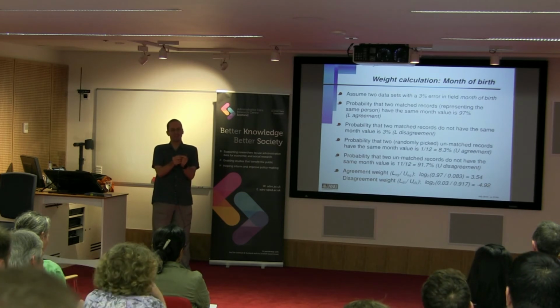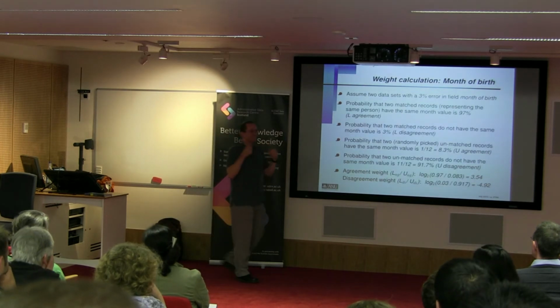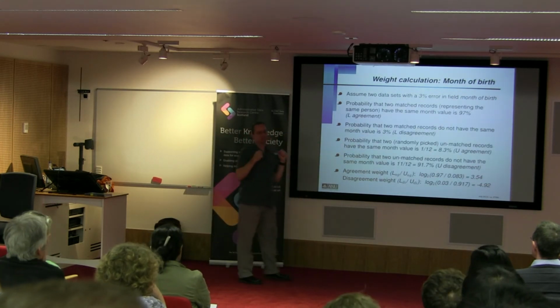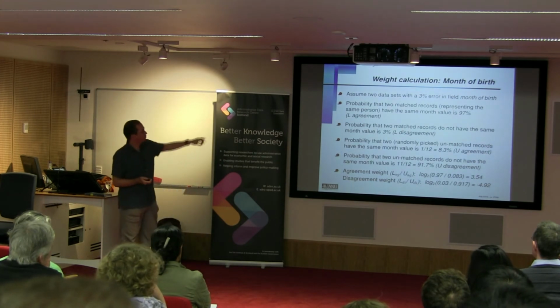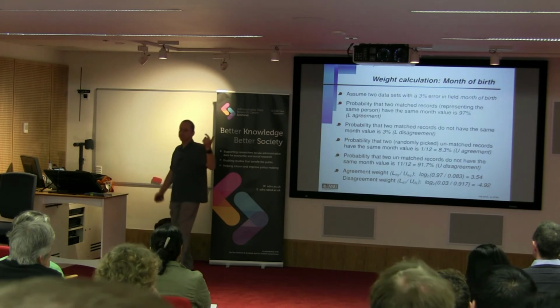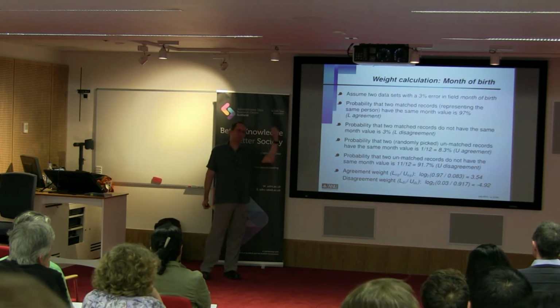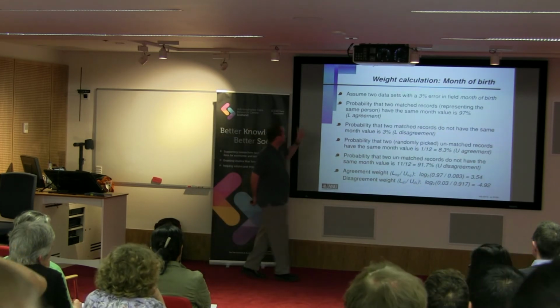Everybody agrees with that? It's getting toward lunchtime. Okay, so I grabbed 2 records from the database, I know they're about the same person, and because we have an error rate of 3%, in 97% of the time the month of birth is going to be the same. Okay? So we call that the link agreement.